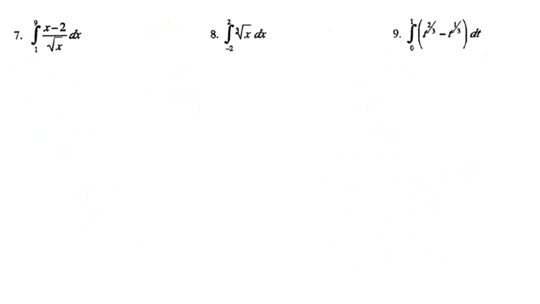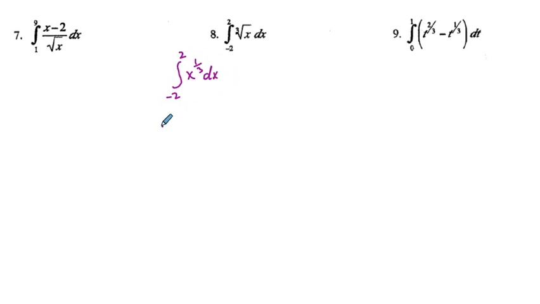Okay, the next even number problem is 8. Now number 8, I recognize that there's a shortcut to solve this problem, but I'm going to pretend like I don't see the easy way to the solution and just work it out straight up. So I'm going to rewrite this integral from negative 2 to 2 of x to the 1/3 power dx.